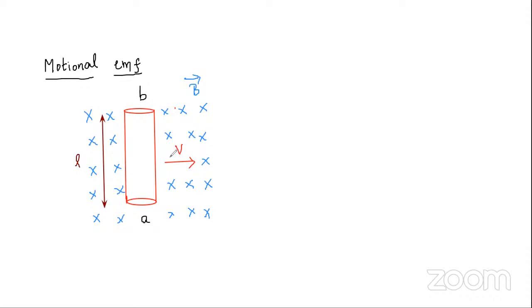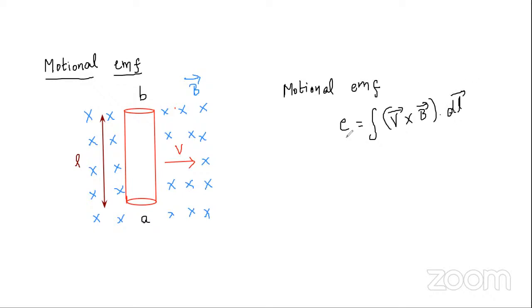In general, the motional EMF can be calculated using the integral form: E equals integral of (v cross B) dot dl.